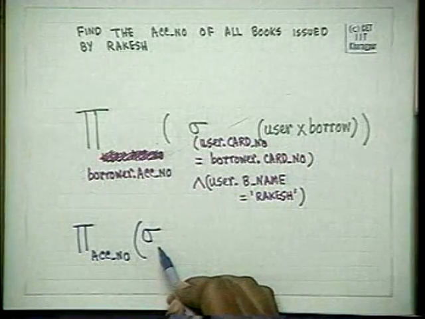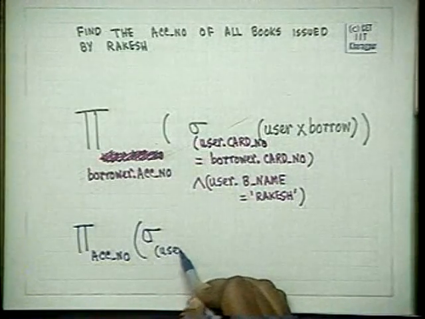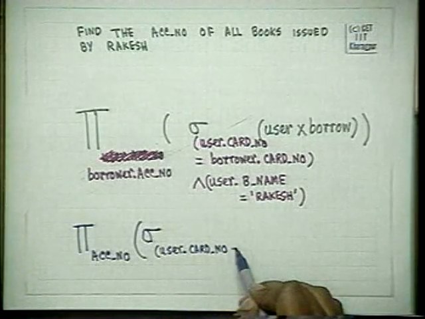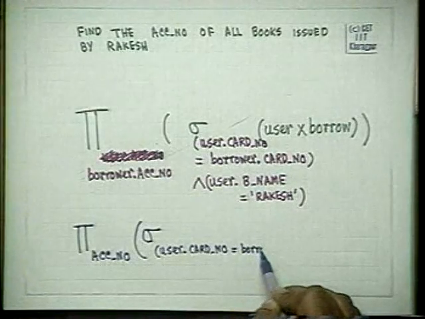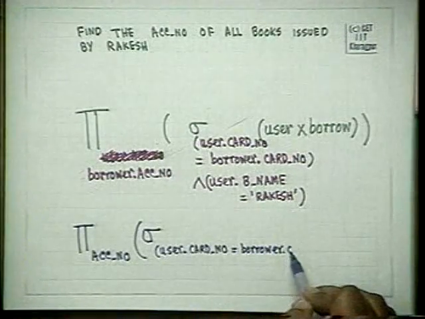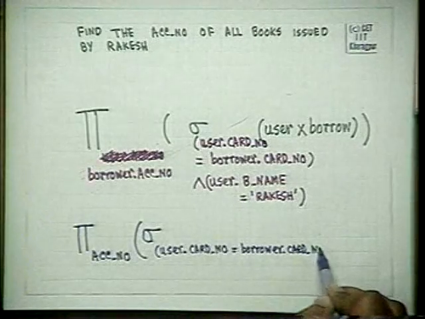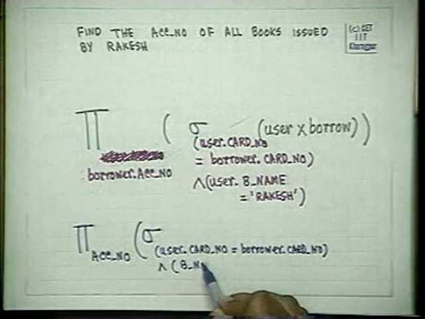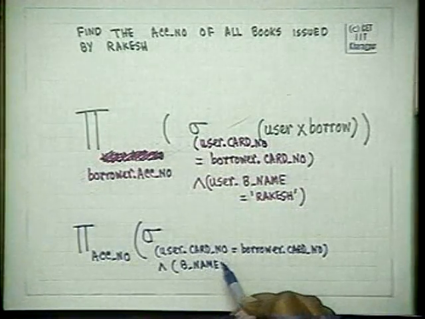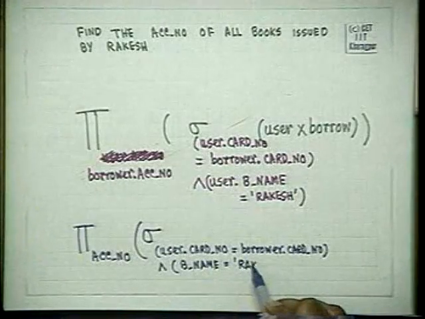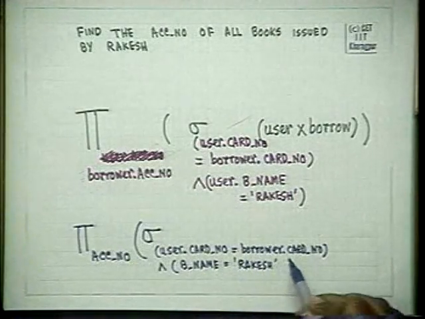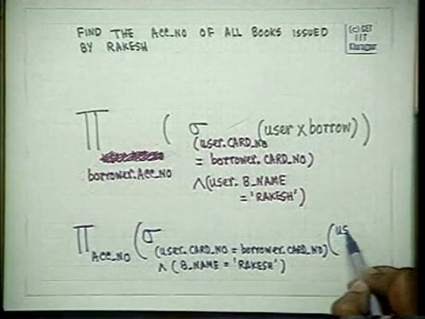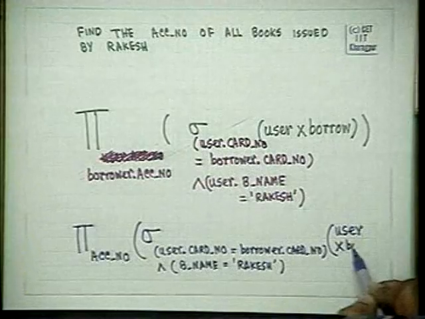So an unambiguous query would be user.card number is equal to borrower.card number and borrower name equal to Rakesh on user cross borrow.